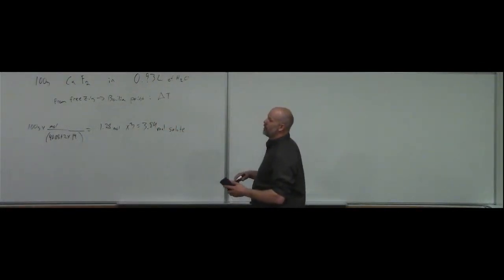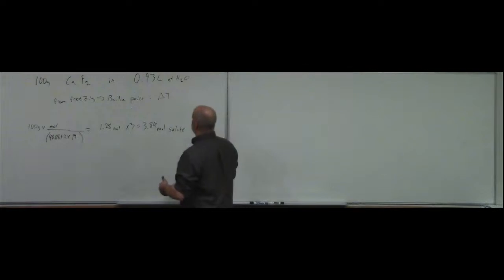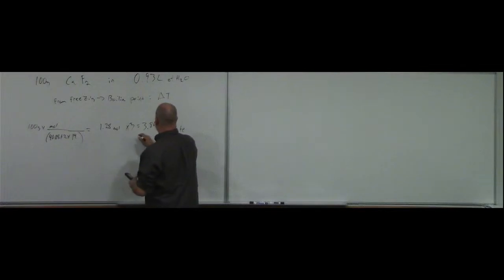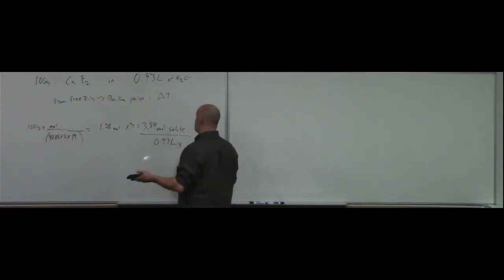Now I need to find molality, right? And so to do that, divide by the 0.93, right? I get moles per kilogram. So I've got 3.84 moles. I divide that by 0.93 liters times, I want to take for granted, the density of this, right?